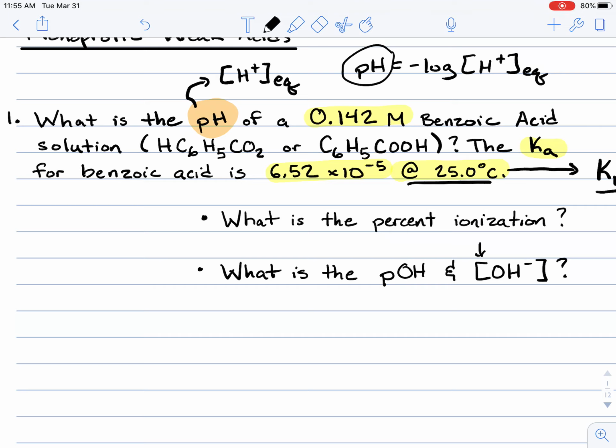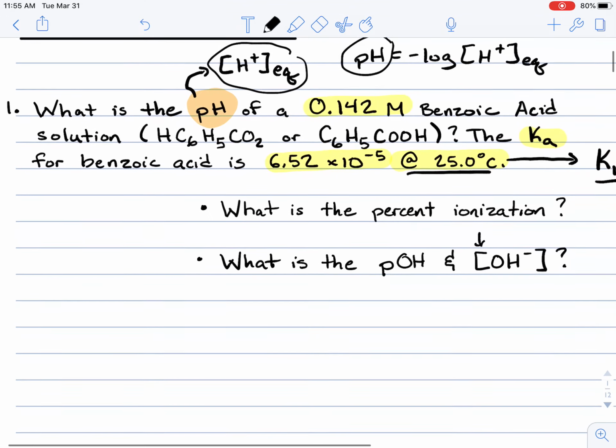Upon realizing that, it lets us know that we probably have to build an ICE table. The ICE table organizes our values so that we can figure out the equilibrium concentration for each part in that chemical equation.